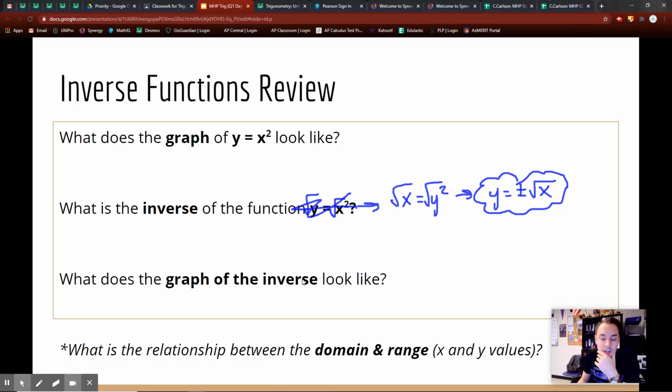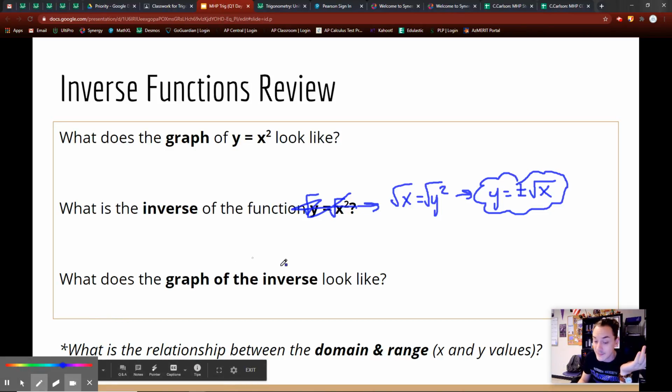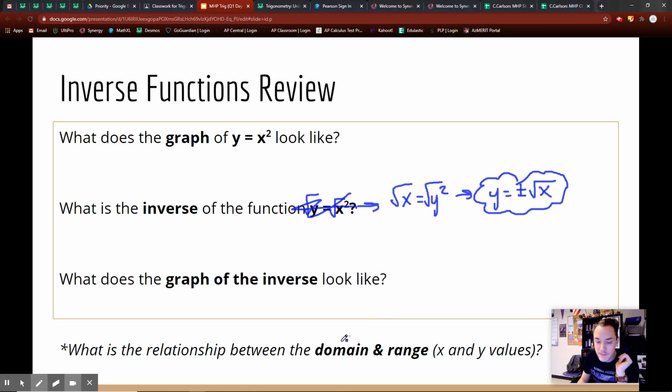What's the relationship between the domain and range? What do we do here? With algebra, before we even square root anything, we switched the what? We switched the x and y. Why did we do that? Because the x and the y in an inverse switch.